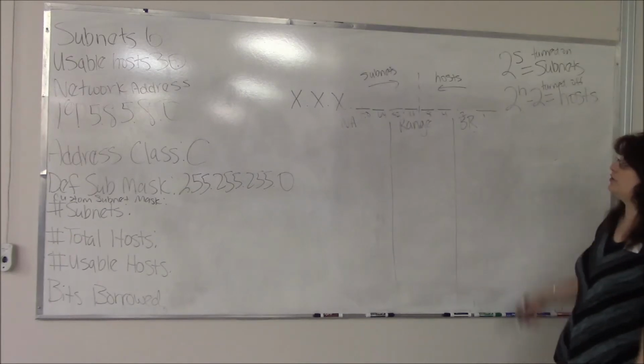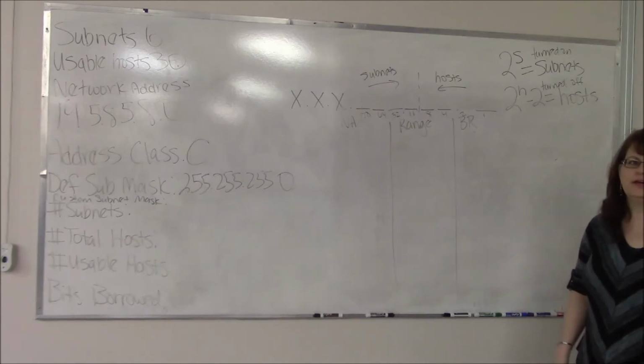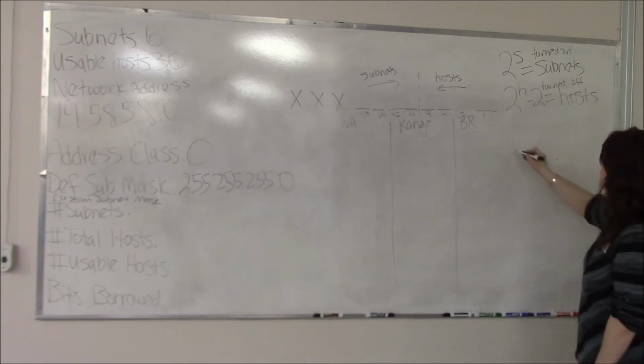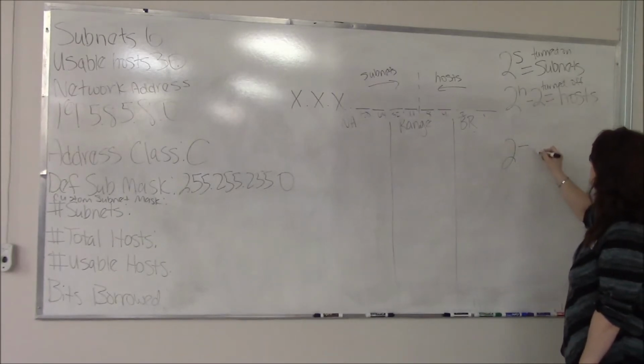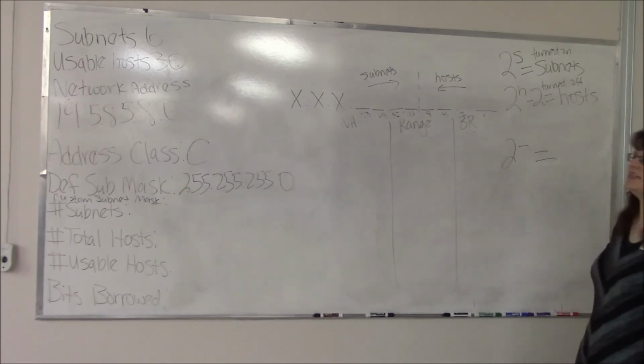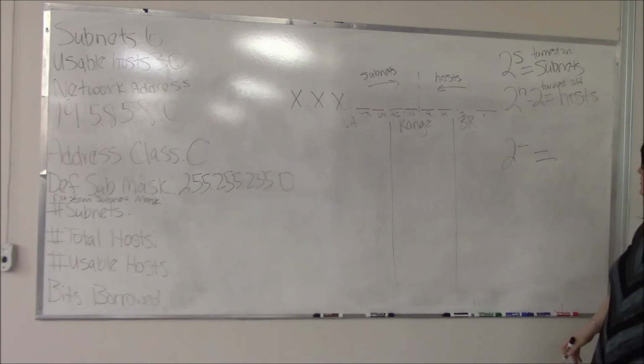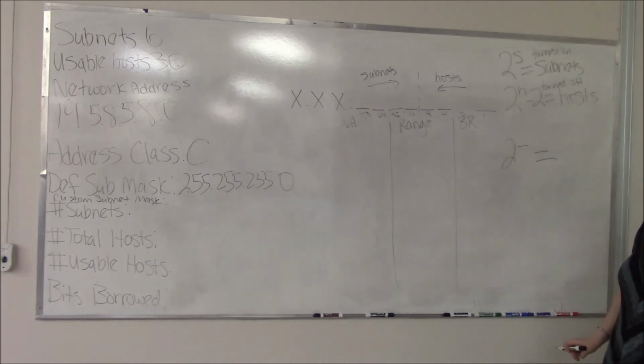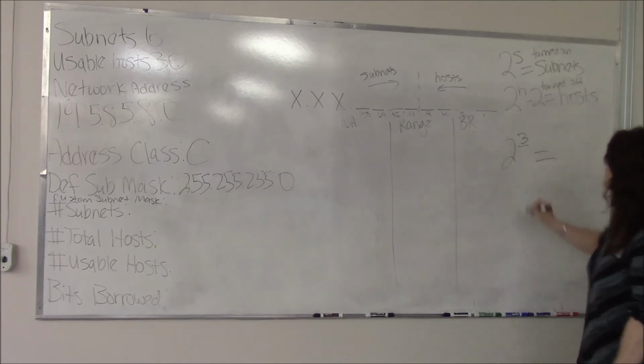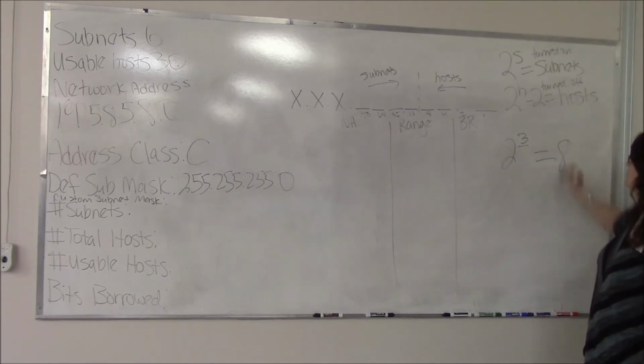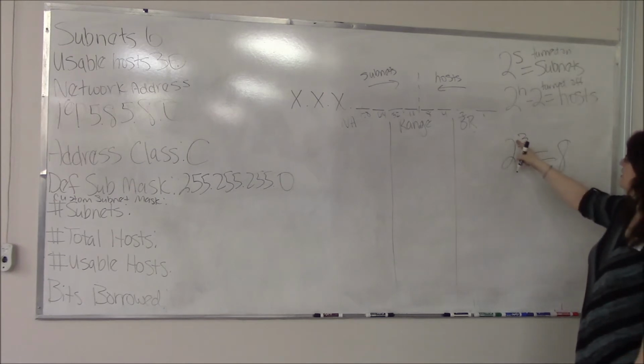So I can use my formula. Yeah. Okay. So 2 to the what equals at least 6? 3. 2 to the third gives me 8. So that's 3 bits turned on, right?